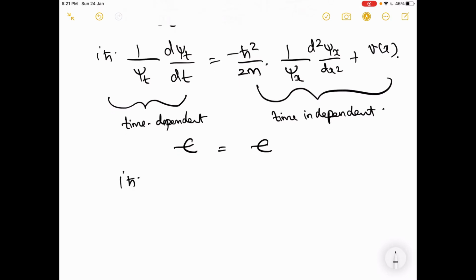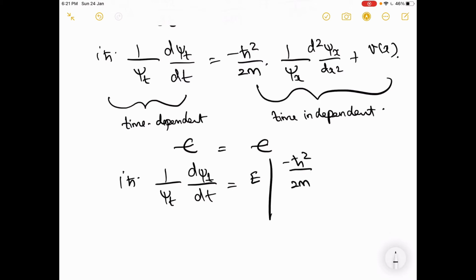I h bar 1 by psi t d psi t by dt is E, the energy, and on the right hand side, minus h bar square by 2m d square psi x by dx square plus V of x psi x is equal to E psi of x.